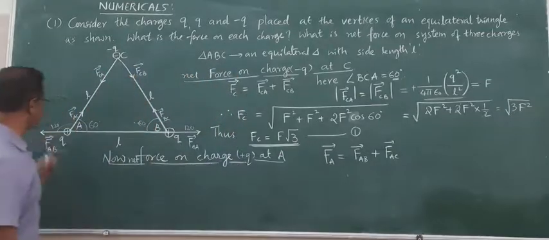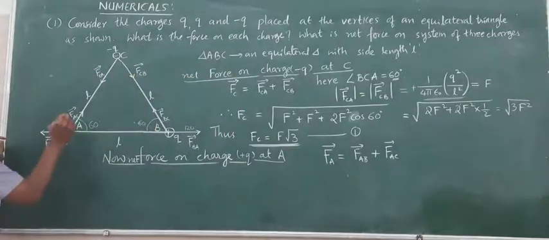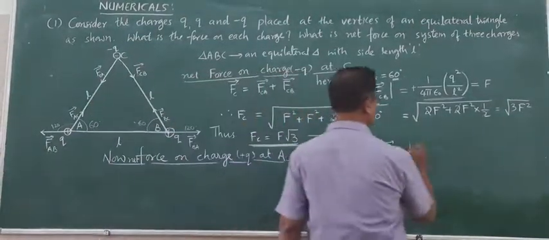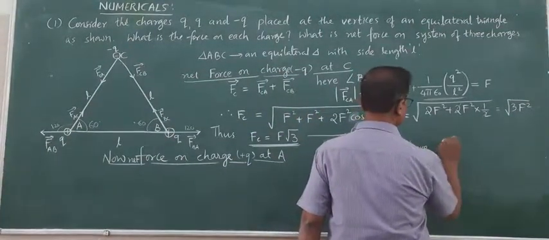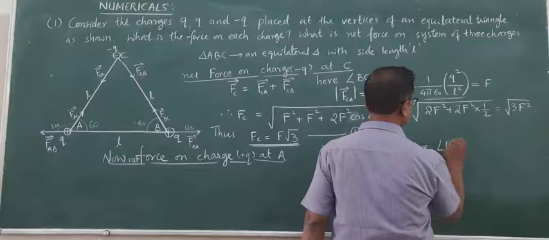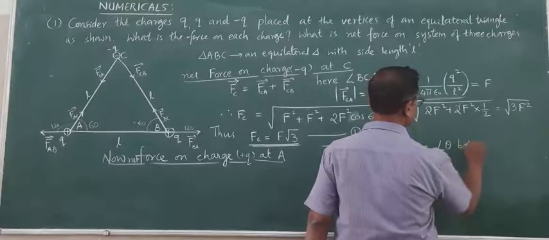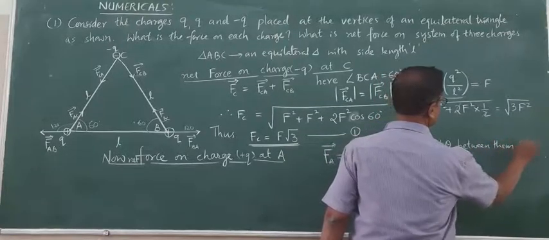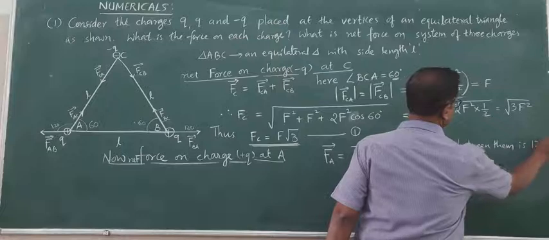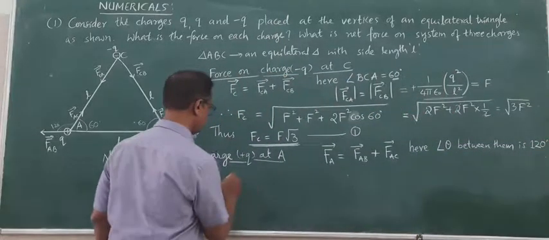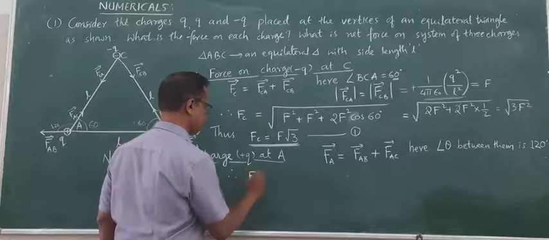But the angle between them is 120 degree. Here angle theta between them is 120 degree. Therefore, I can calculate what is FA.